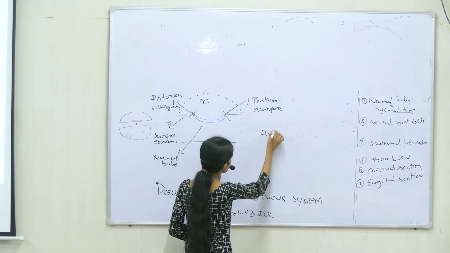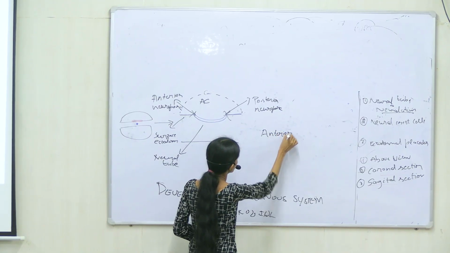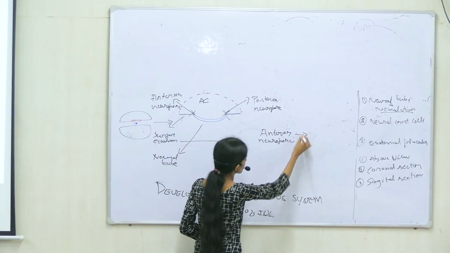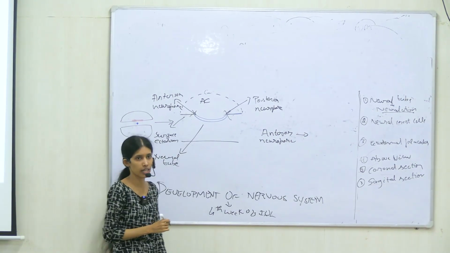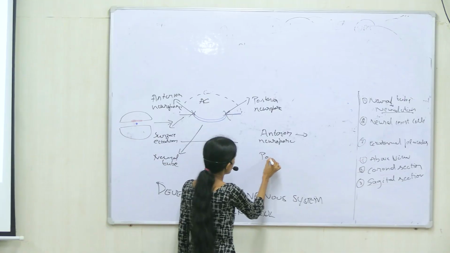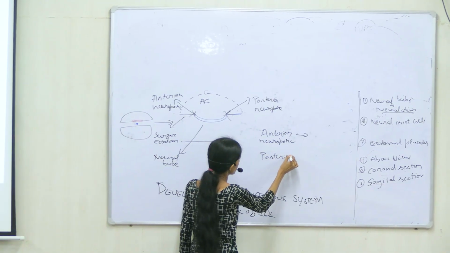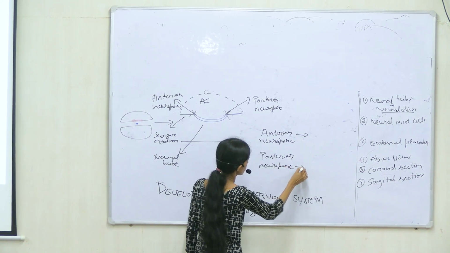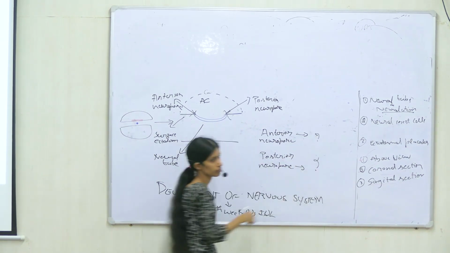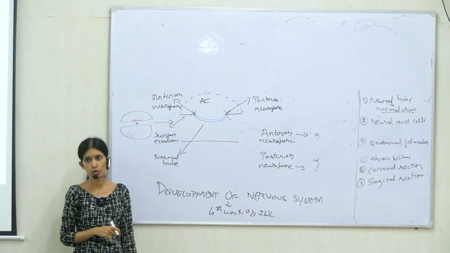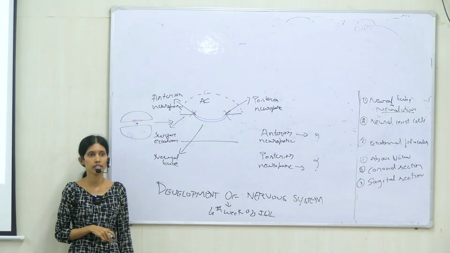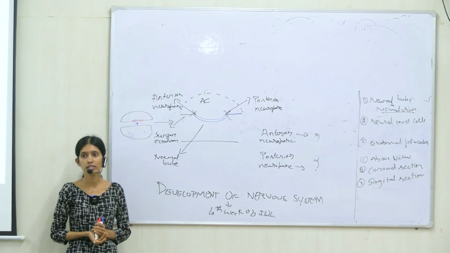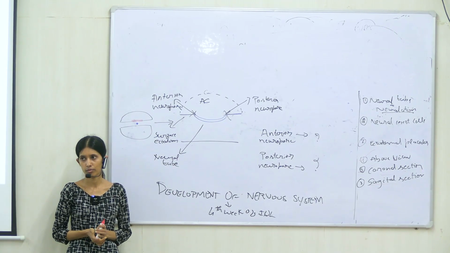Your anterior neuropore will close at which somite level, and your posterior neuropore will close at which somite level? So you should know what somites are, what the significance or importance of somites is, and how many pairs of somites are present.